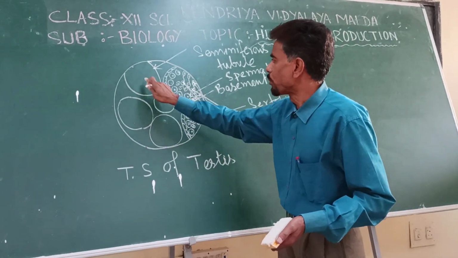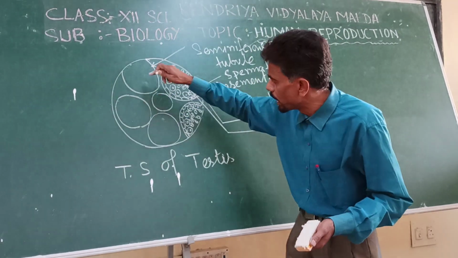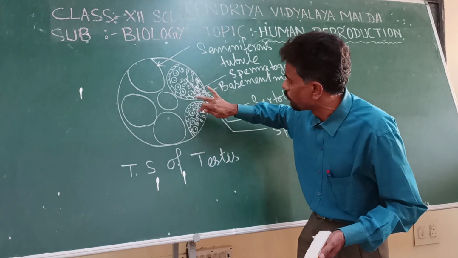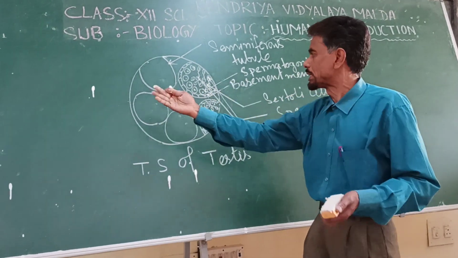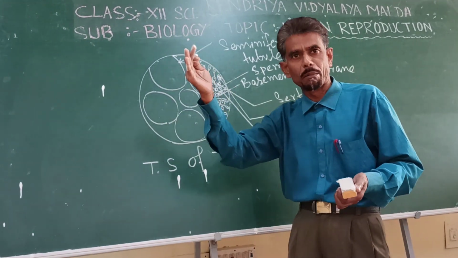And in between the seminiferous tubule, this is 1, 2, 3, 4, 5, 6. Suppose 6 seminiferous tubules through which the section has gone.